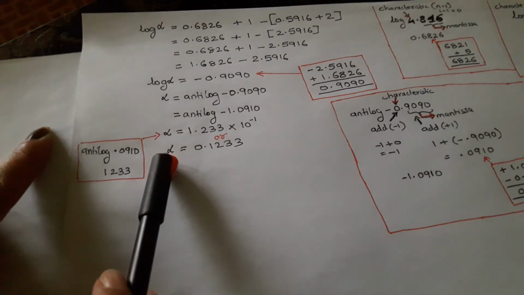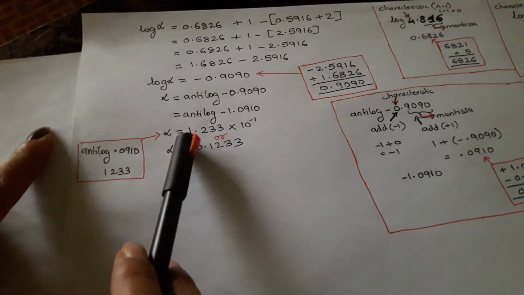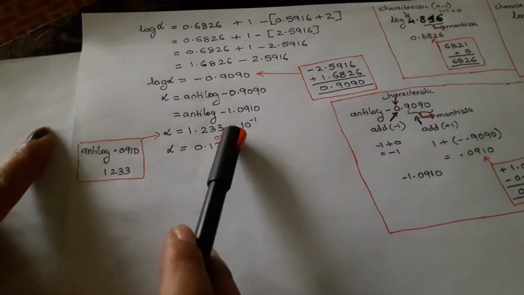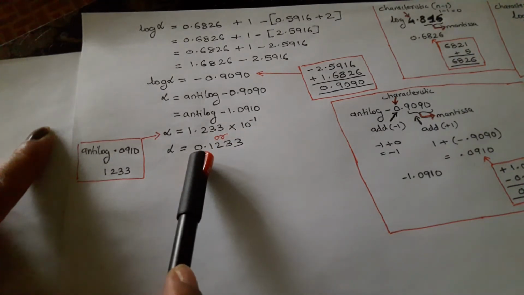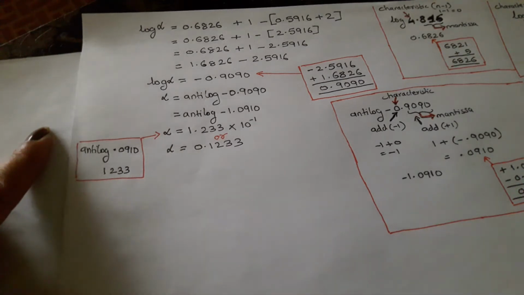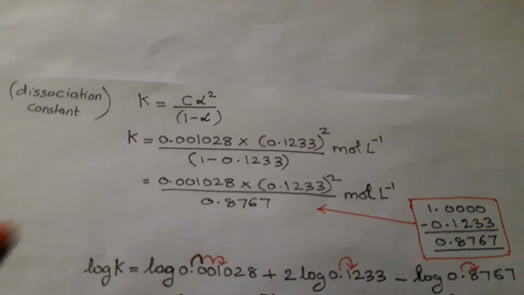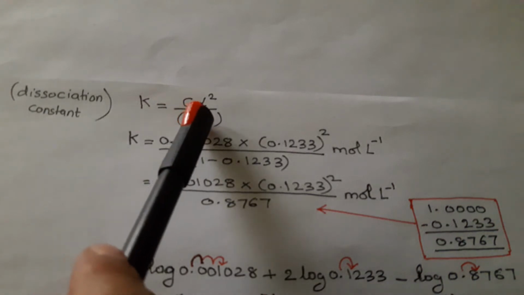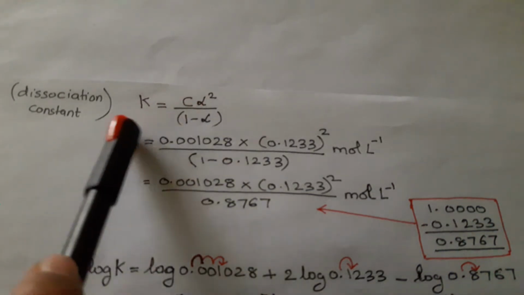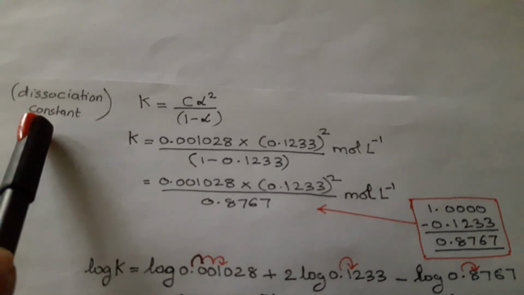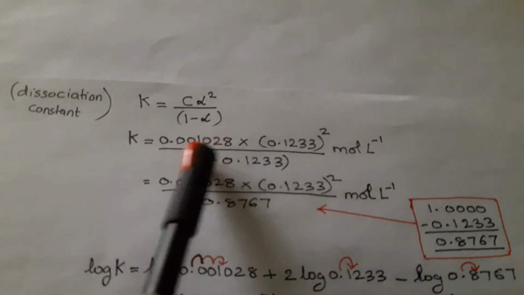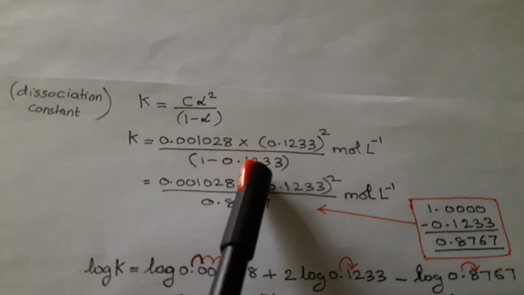So we get the value of alpha as 1.233 into 10 raised to minus 1, or we can also write it as alpha is equal to 0.1233.